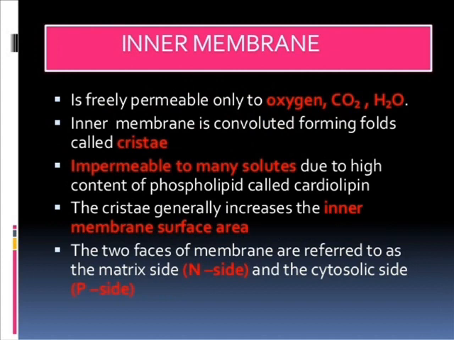The inner mitochondrial membrane contains proteins with 3 types of functions: those that perform the electron transport chain redox reactions, ATP synthase, which generates ATP in the matrix, and specific transport proteins that regulate metabolite passage into and out of the mitochondrial matrix.